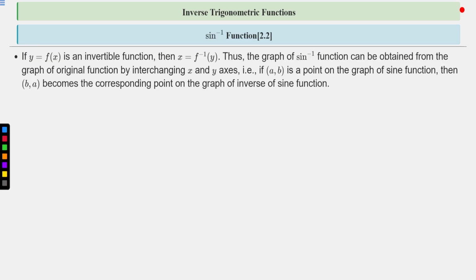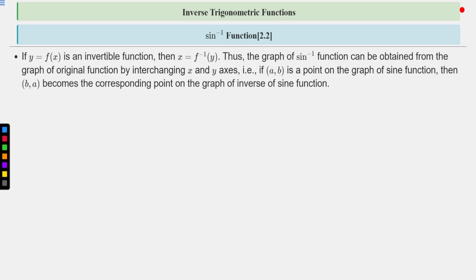So let us discuss the graph of the sine inverse function. If y is equal to f(x) is an invertible function, then x is equal to f⁻¹(y). Thus the graph of the inverse function can be obtained from the graph of the original function by interchanging x and y.